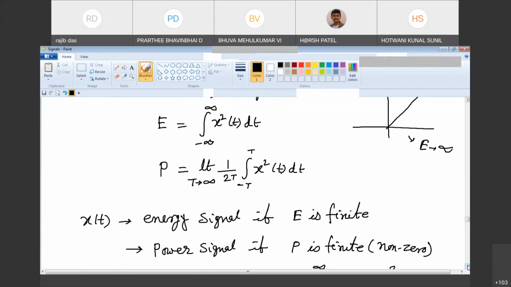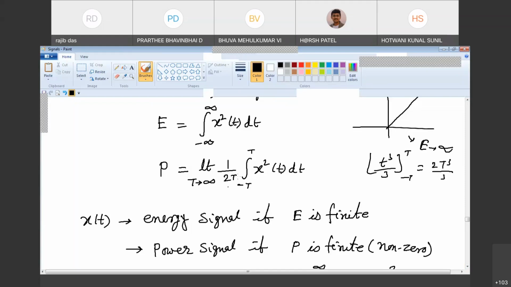I think it's contradictory. It's not possible. You'll check. But there are certain signals which are neither energy nor power, like this one. The ramp signal is neither an energy nor a power signal. You can compute the power and you'll see its power is also going towards infinity. If I put t, it's t cube by 3. Now, if I put the limit from minus t to plus t, the value will be twice of t cube by 3.